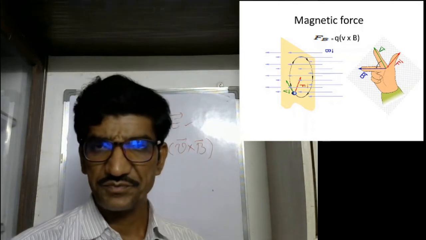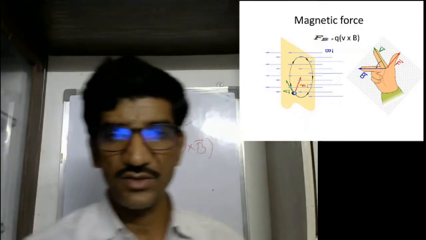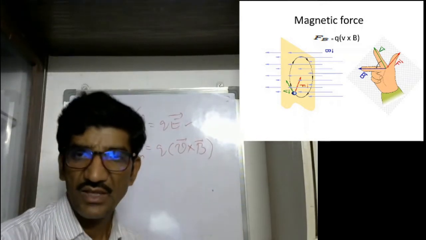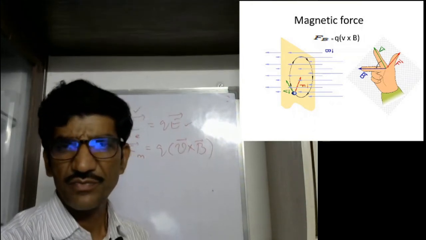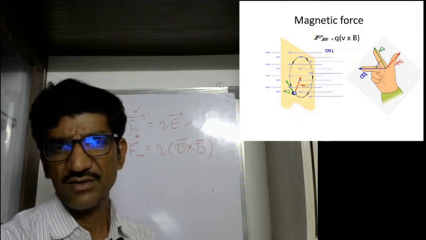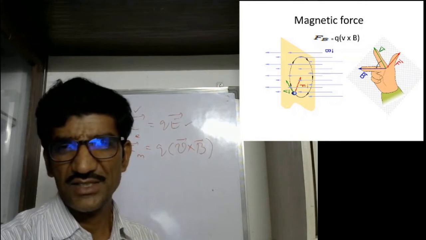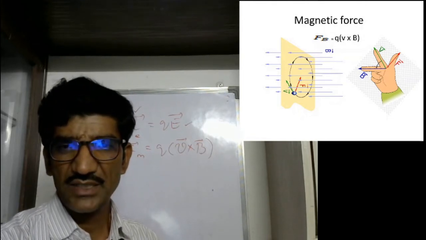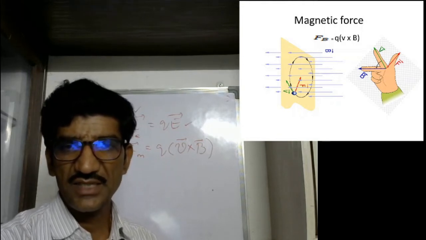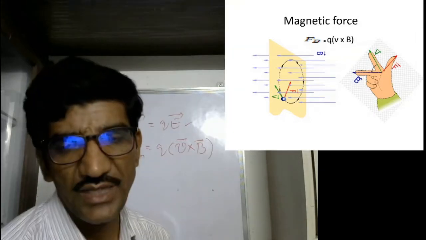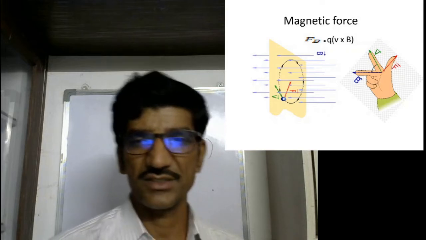You may apply this right hand screw rule. Here you see in this diagram, the magnetic field is horizontal. A particle is moving like this in the vertical circle. Here we have to find the direction of the magnetic force acting on the charged particle.